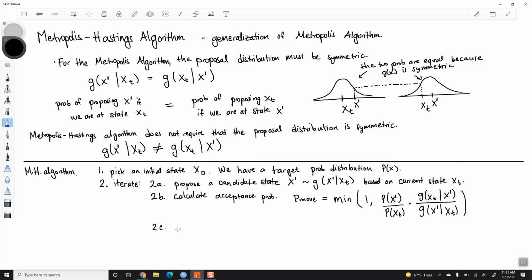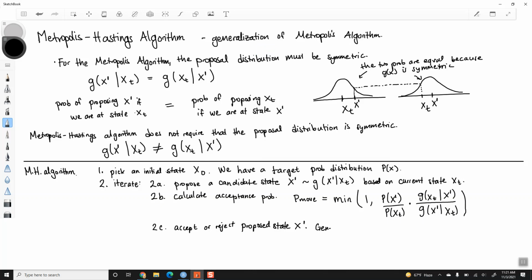So 2c, you would accept or reject the proposed state, x prime.